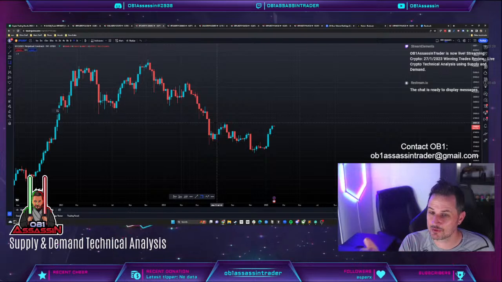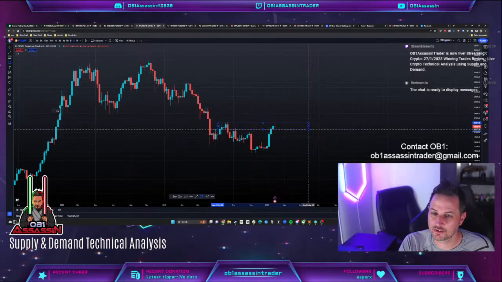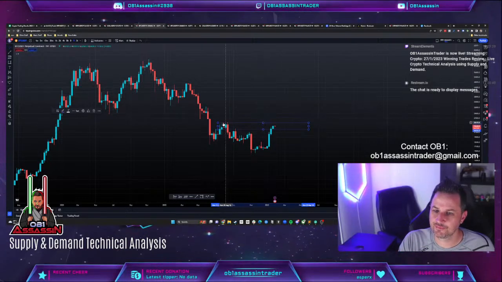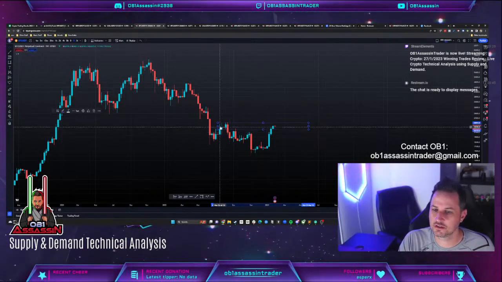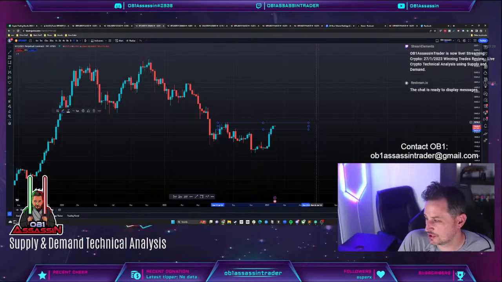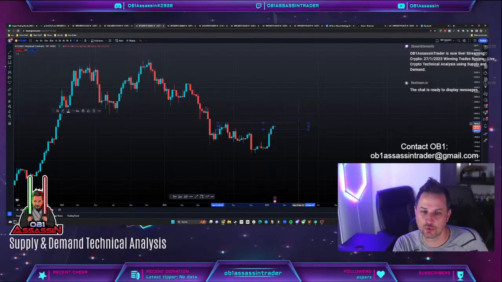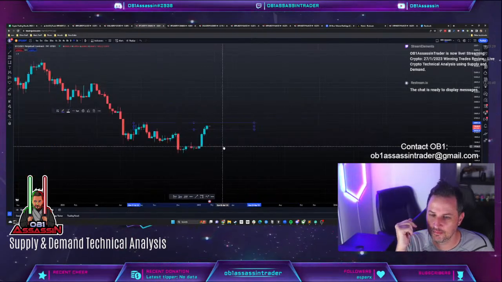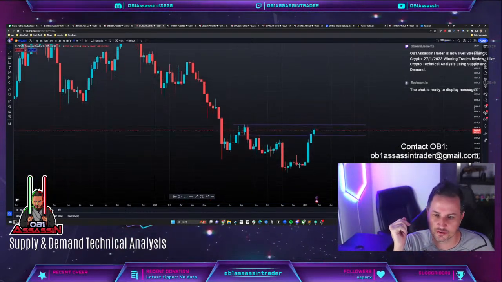Looking at weekly levels, we've clearly got support and resistance at this level, and that's what this box here is going to be. These are boxes with just edges in the middle. These are going to be my support and my resistance boxes.